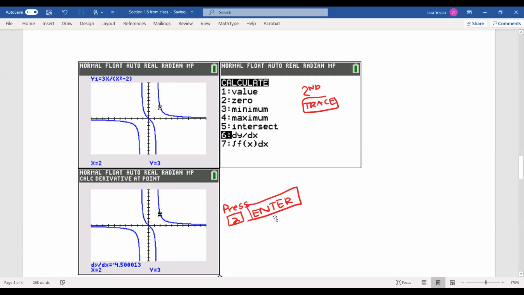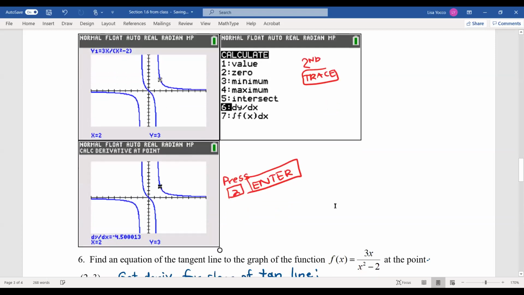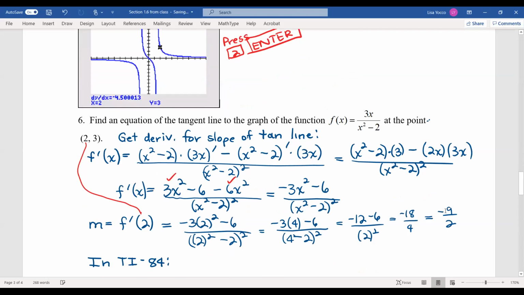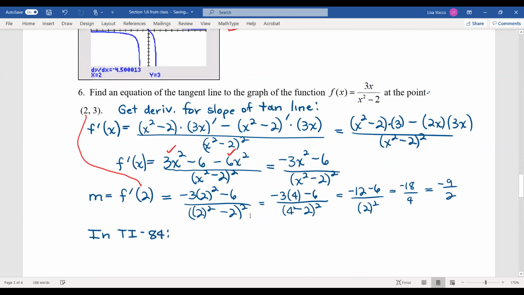All right, so I got negative 9/2. Obviously, you know, negative 4.5 is okay as well.